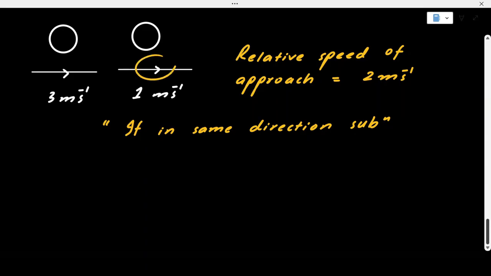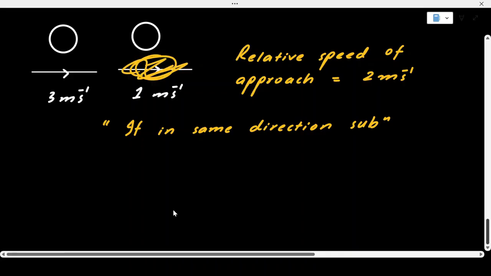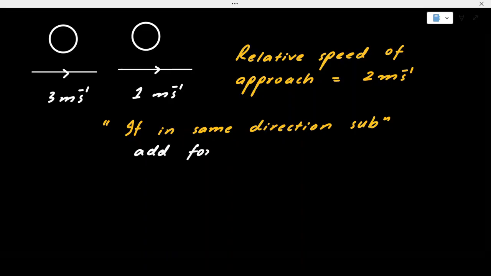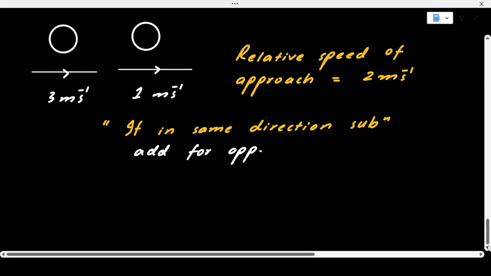So let's say if this 1 meter per second was instead moving to the left side, now they are moving in the opposite direction. What should have been the relative speed? 4. And same is the case for relative speed of separation. Add for opposite direction.